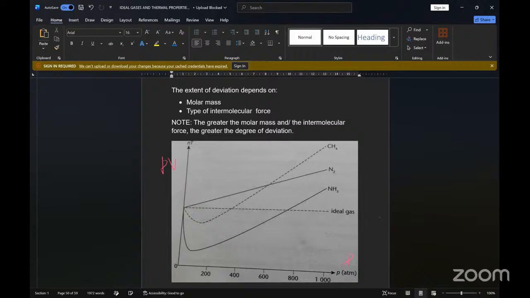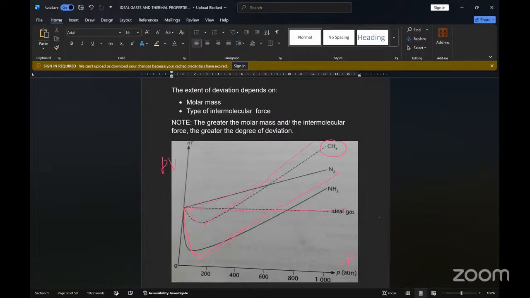why are these gases showing varying degrees of deviation? This one is the largest deviation. Ammonia, it deviates far from it. This is the ideal condition, a straight line like that. So ammonia comes down like this and then goes up and continues up here. Methane, CH4, bends a bit down and then continues like that. Nitrogen is just up like that.